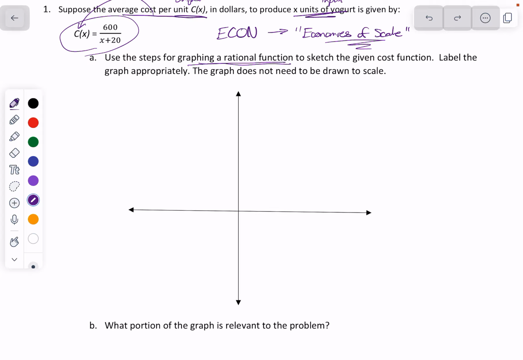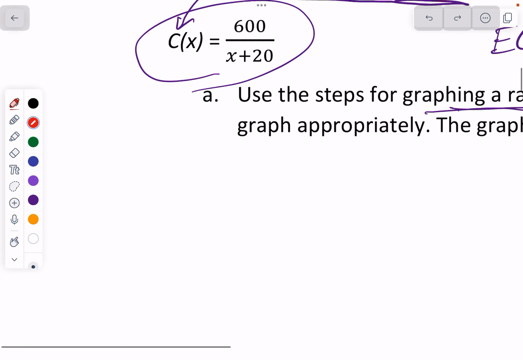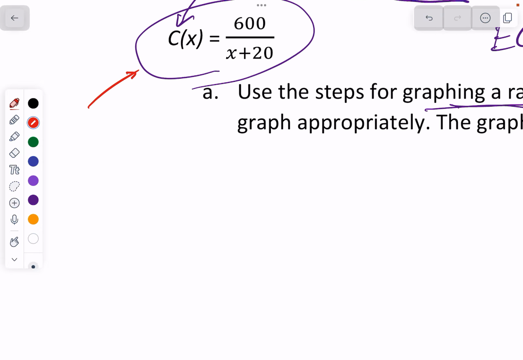So the point is, when I look at this rational function, I see a few things. First off, when we think about horizontal asymptotes, this is a bottom-heavy function. I know this because we have a degree equal to 1 on the bottom, and the top has a degree technically equal to 0.